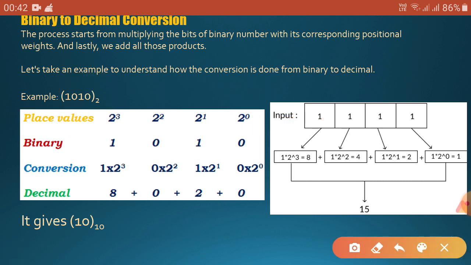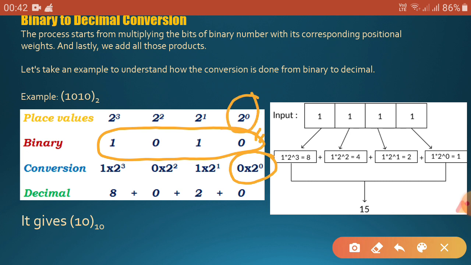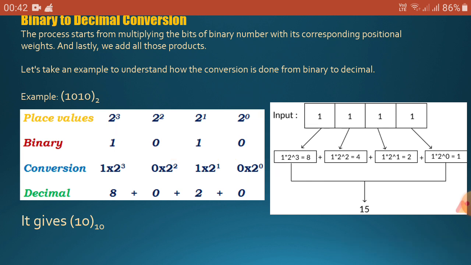So at first we write the binary number that we have to convert into the decimal number system. Now we are multiplying the bit and the positional weight, and then we are adding all those numbers. We are going step by step.